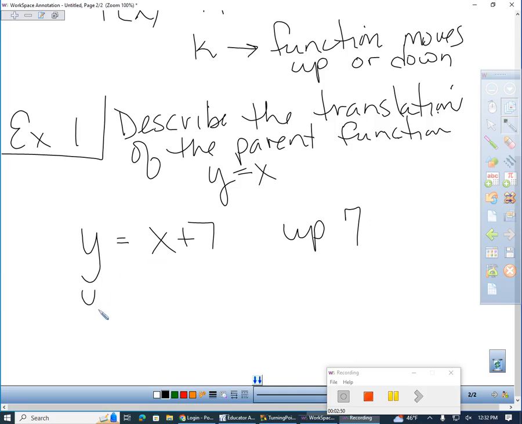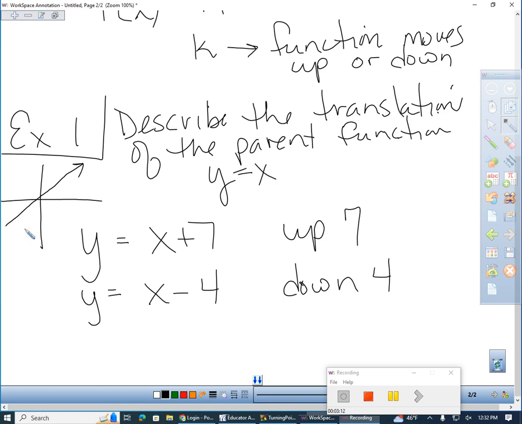Let's say I have y equals x minus 4. Again, I have my parent function, and this is going to go down 4. So let's kind of imagine what's going on here. My parent function is the y equals x line that goes right through the origin.